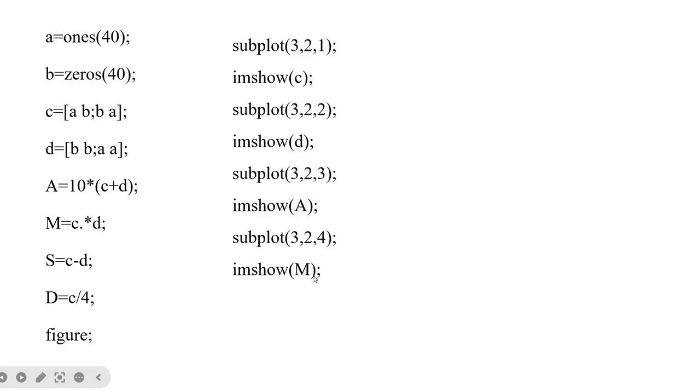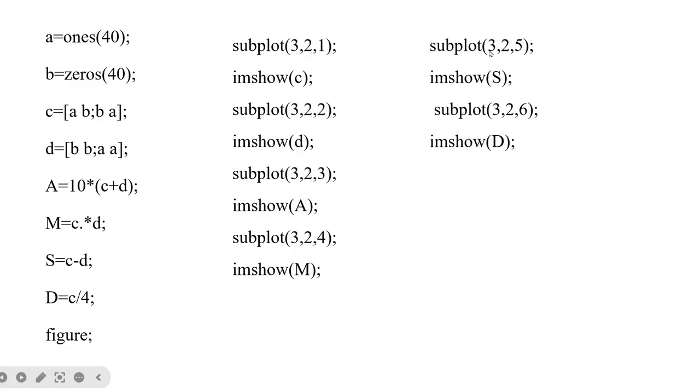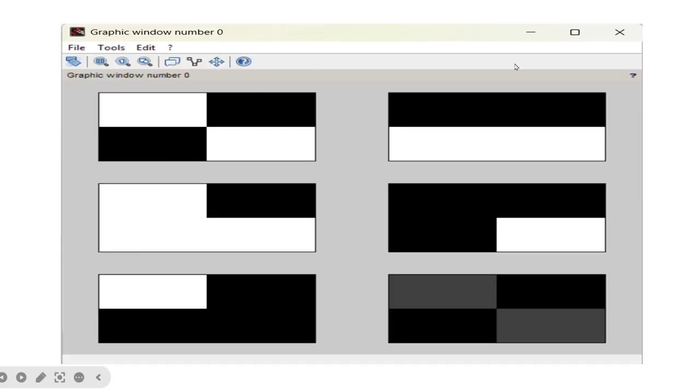In the fourth quadrant, M image will be shown. Okay, this one. Next subplot(3,2,5), fifth quadrant, imshow(S). Then we have subplot(3,2,6), that is the sixth quadrant, imshow(D), this image. Now these are the images which are being created.